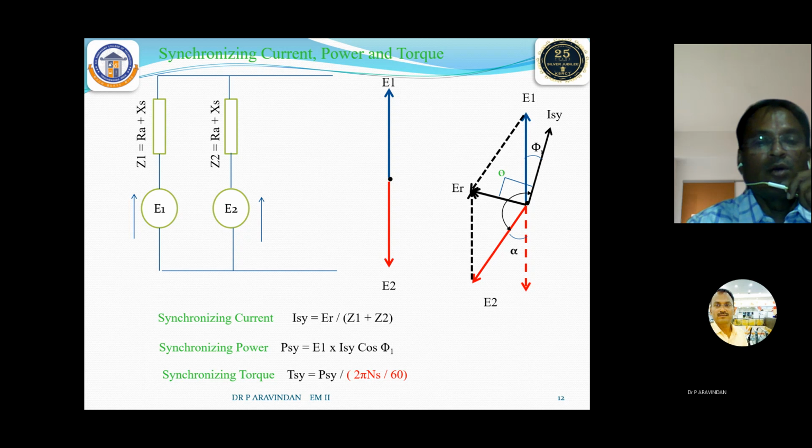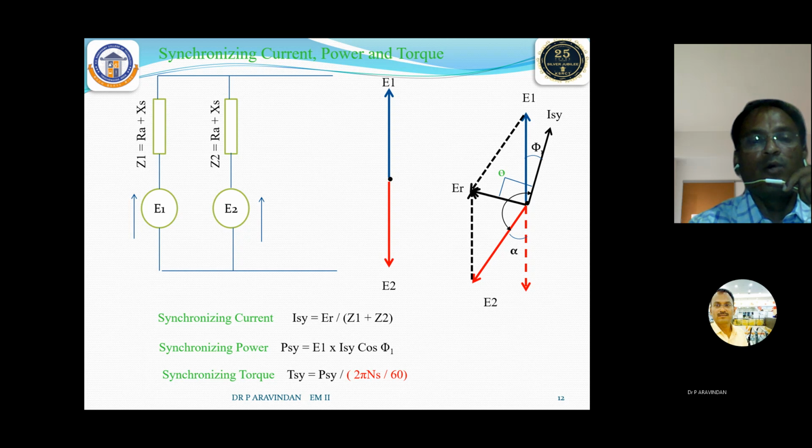Now E2 will be slightly decreased compared to E1. Then there should be a load angle alpha, because of the load the voltage is reduced with the load angle alpha.